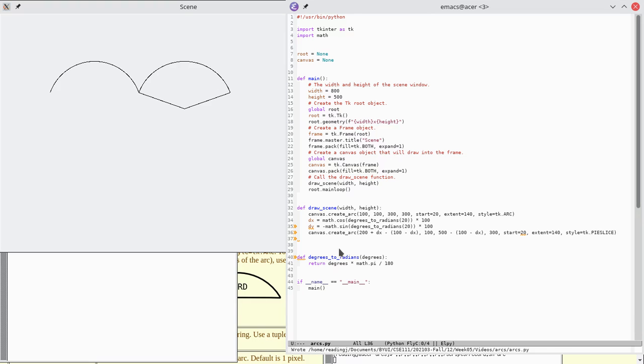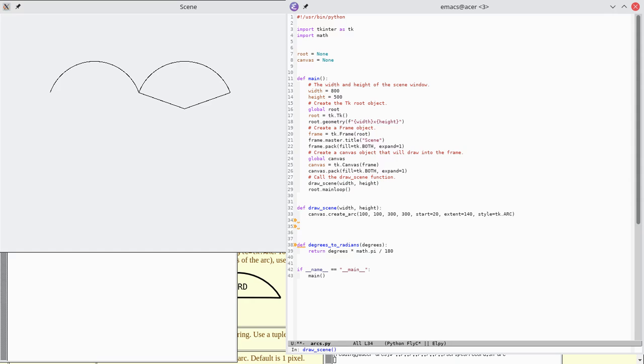Now, one thing I wanted to see, just out of curiosity, is what coords gives me for an arc. Probably it just gives me the bounding box.